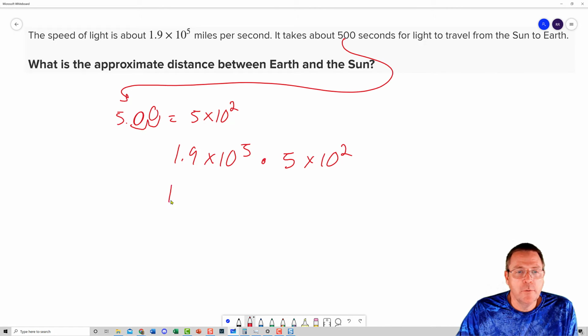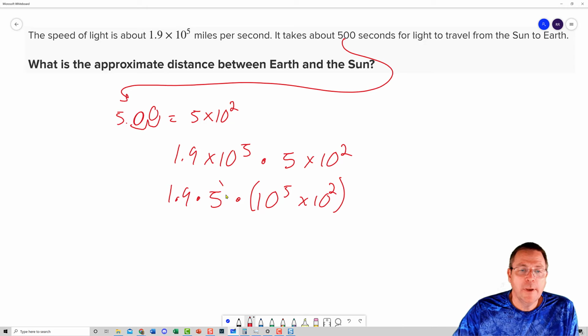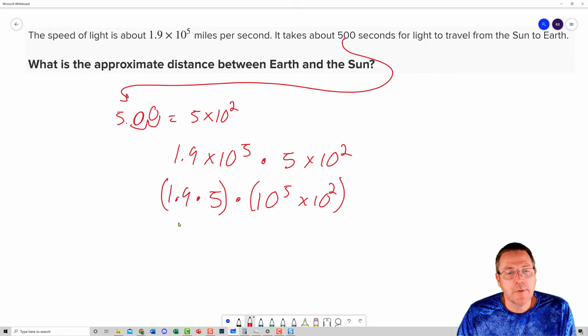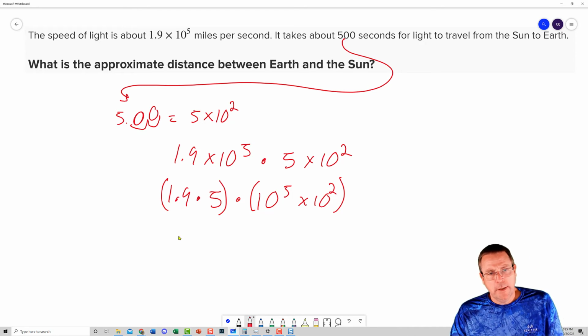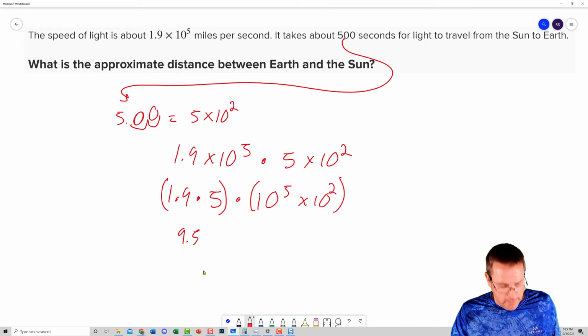Rearrange using our commutative and associative properties. 1.9 times 5, and technically there's no reason to use parentheses on these, times 10 to the 5th times 10 squared, although it may make you feel better to use them. From there we're going to multiply. 1.9 times 5, I think I'm right, is 9.5, but let's find out.